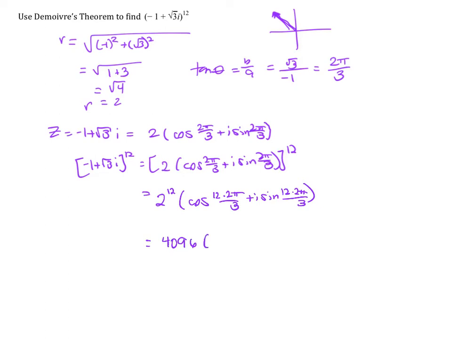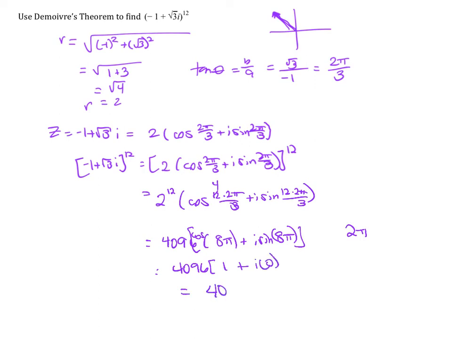And then 3 goes into 12 4 times, so this ends up being 8 pi plus i sine of 8 pi. 8 pi we can really think about as 2 pi. So therefore, I forgot my cosines here. Cosine of 8 pi. So what is cosine of 8 pi? Cosine of 8 pi is 1, plus i sine of 8 pi is 0. So therefore, the final answer for this is 4,096.